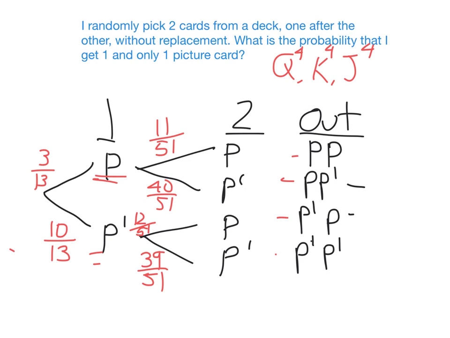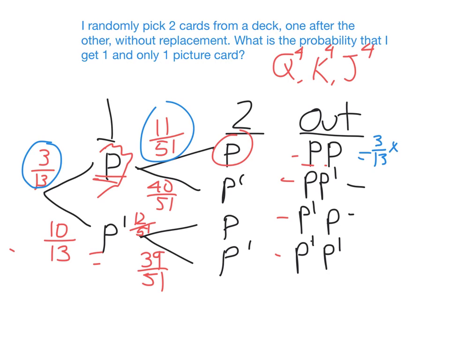They have different probabilities. Now, I said that each stage, the events have to be independent. So this event here is independent of this because we've already accounted for the fact that there are fewer picture cards. So to find this outcome PP, I just need to multiply, because they're independent, and we went through this last time, I just need to multiply the 2 probabilities together. So the probability of getting 2 picture cards in a row is 3 over 13 times 11 over 51.